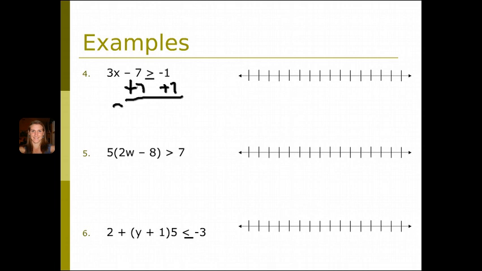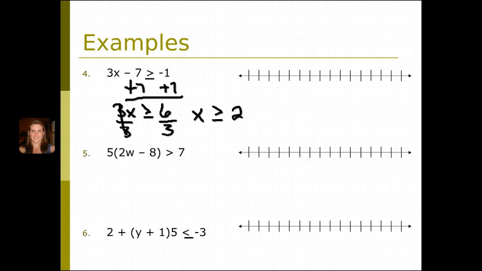You're left with 3x is greater than or equal to 6. Last thing we need to do is divide both sides by 3. Our 3's cancel, and you're left with x is greater than or equal to 2.